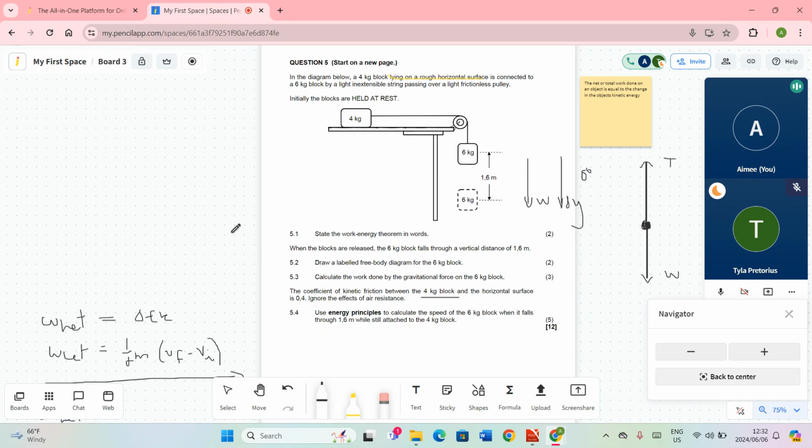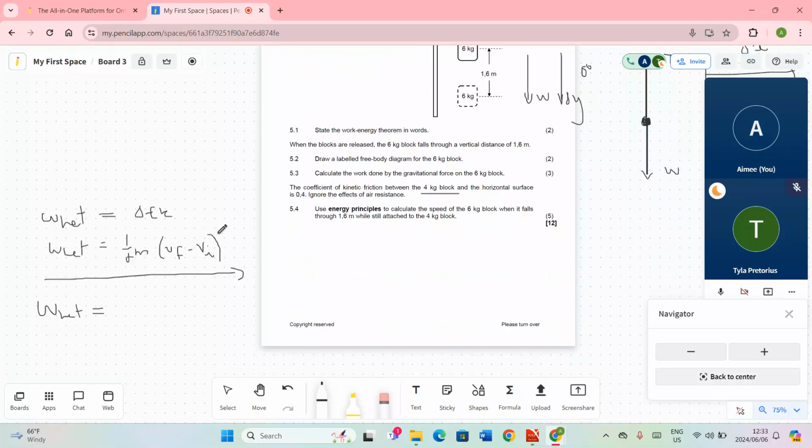So those forces are going to be the work done by friction plus the work done by gravity plus the work done by normal force.